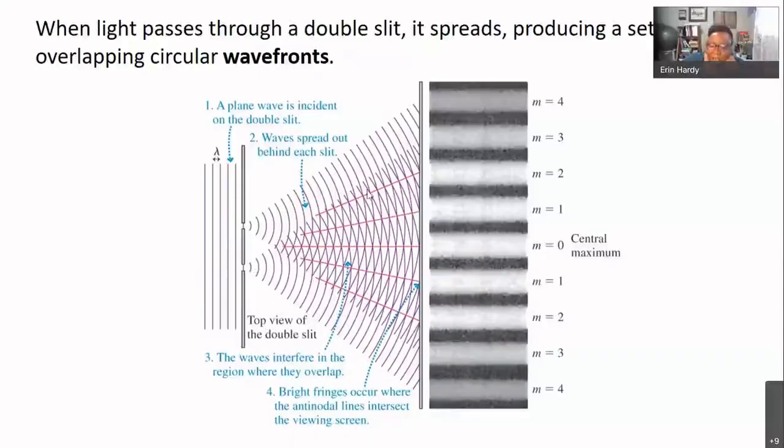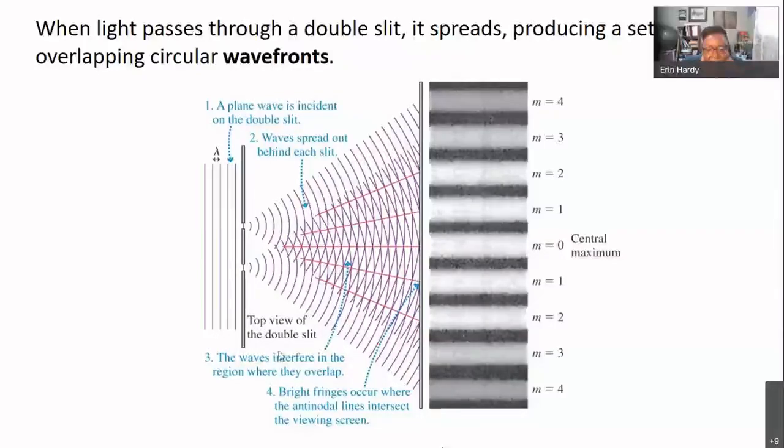And what happens in the space between the slit and the screen is pretty similar to what we were just talking about in the previous chapter as it related to two loudspeakers that were spaced a certain separation away. We could relate that to the wavelength of the sound source itself. And we could find lines where we could count on either seeing perfectly destructive interference or maximum constructive interference.